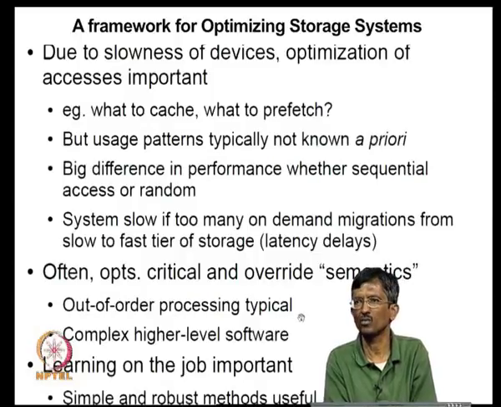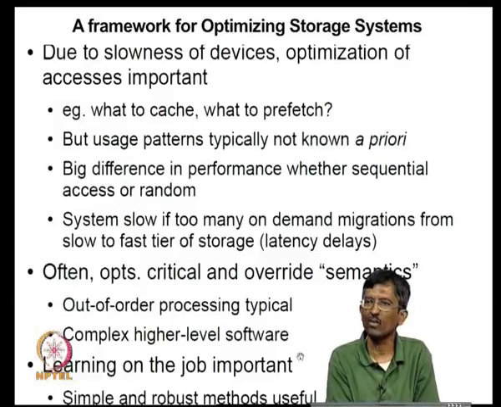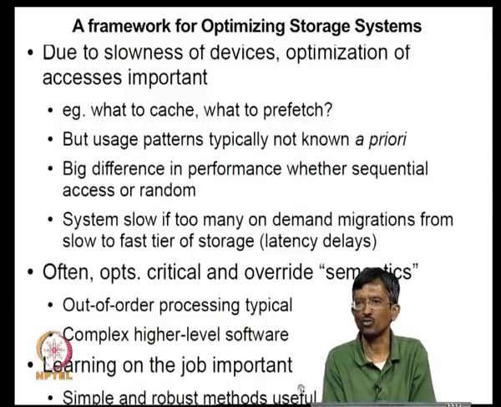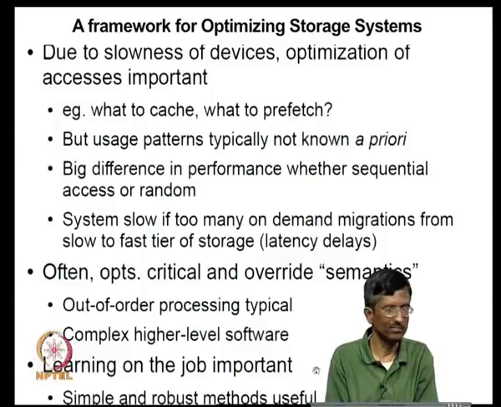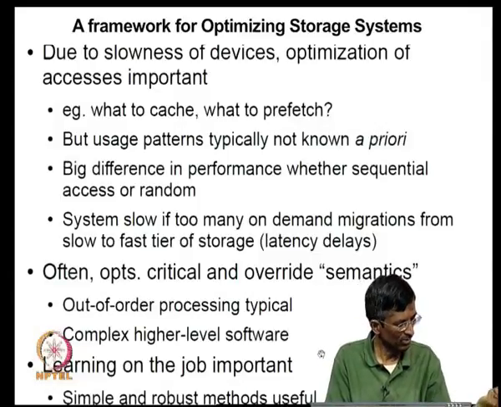They are not that simple to design. Once it is designed, people don't tend to change it. Okay? So typically, because of the complexity, simple and robust methods are useful, because you just avoid the complexity. You find that this is something useful.